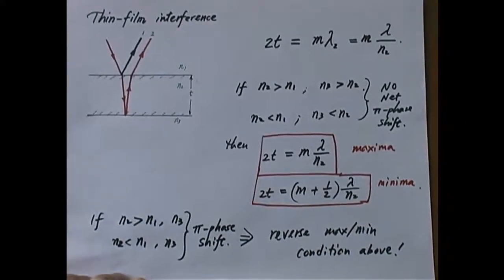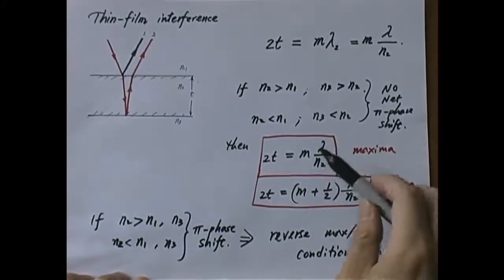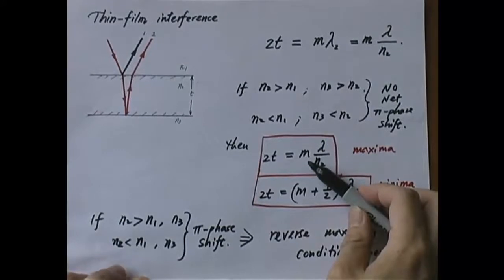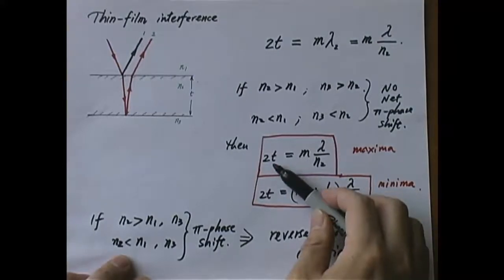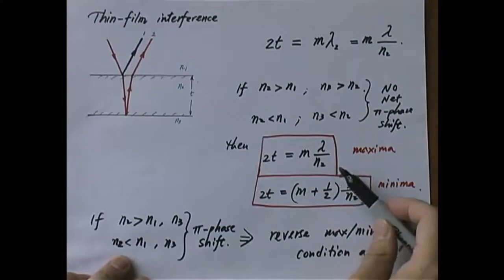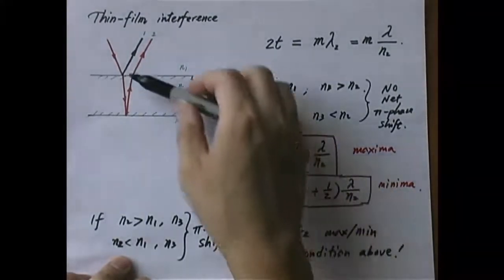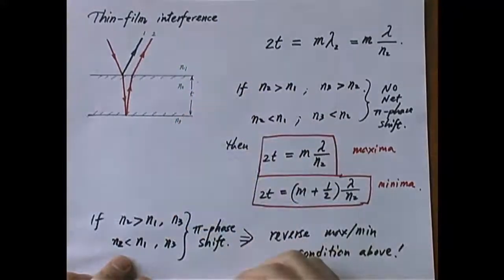Assuming we can use this condition for maximum, in other words, there is no net pi phase shift, then if the thickness satisfies this formula, t equals a multiple of wavelength divided by 2n2, there will be a maximum amount of reflection. In other words, minimum amount of transmission into the second medium.